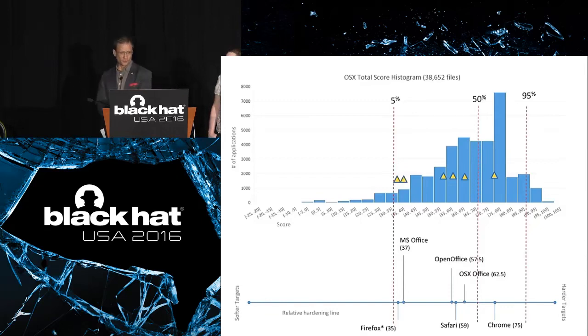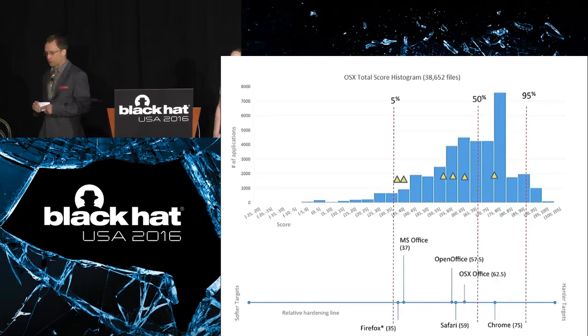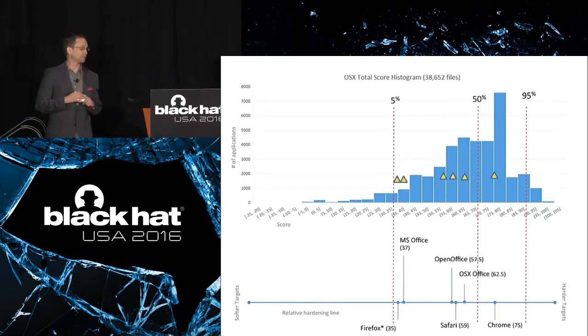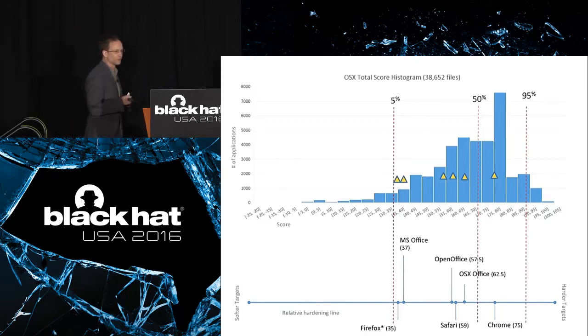So here are the Office suites on OSX. We see Microsoft Office, OpenOffice, and OSX's versions, Keynote, etc., lobbed on there. We're always interested in a chart like this as to what the outliers are. What do the measures of kurtosis tell us about how long of a tail you have and who lives there?